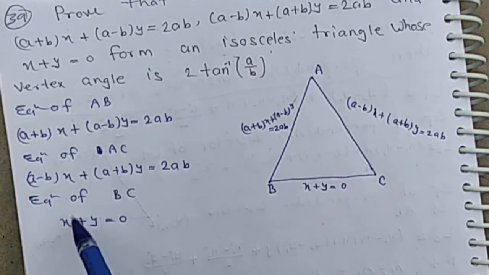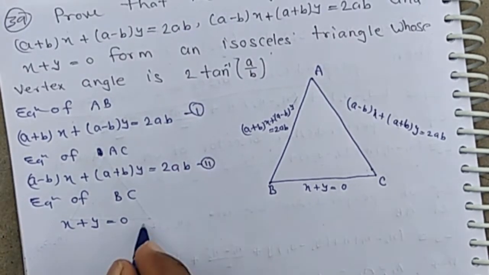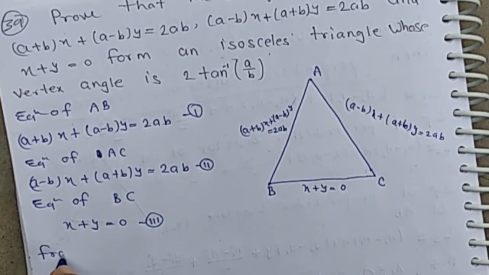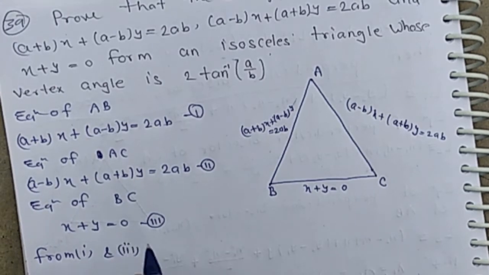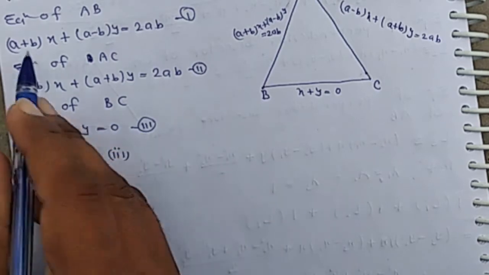We are solving these directly; these are equations 1, 2 and 3. From 1 and 3, x plus y equal 0 means the value of x is minus y.